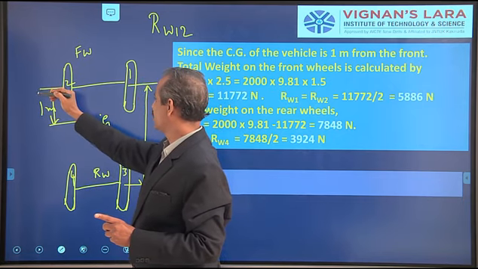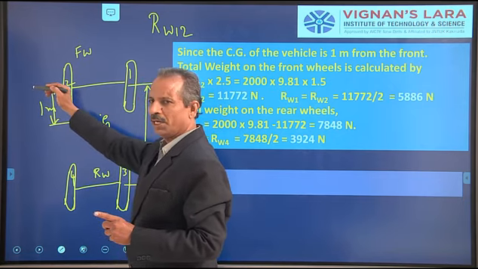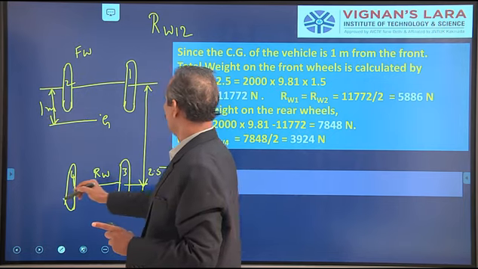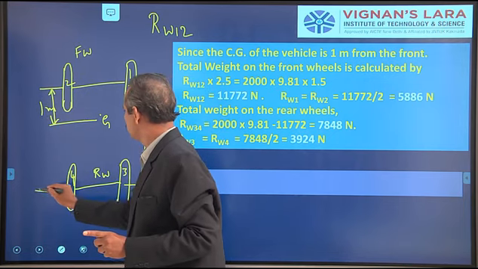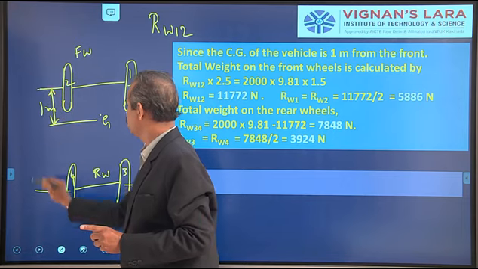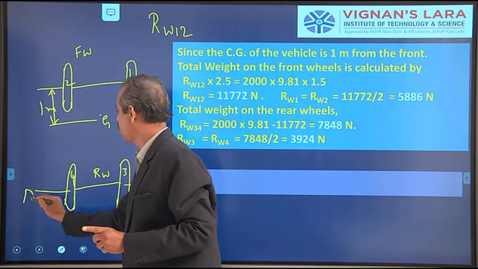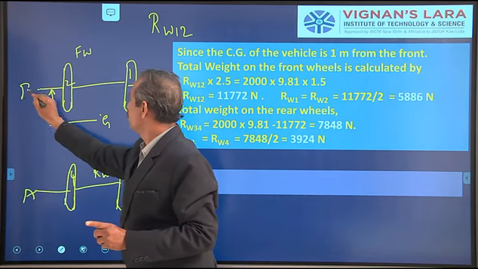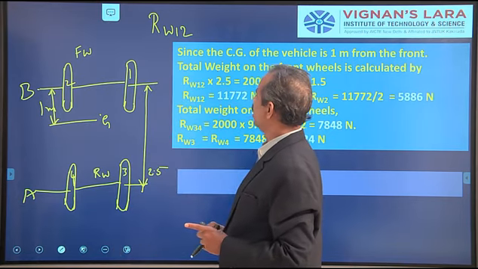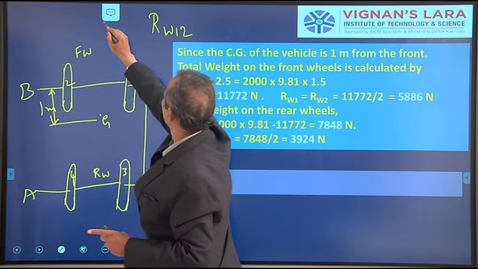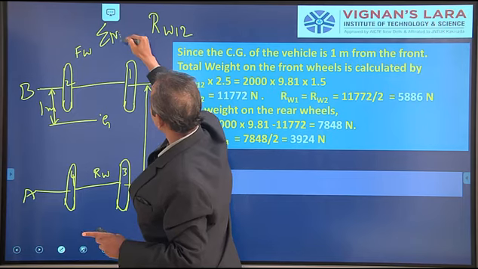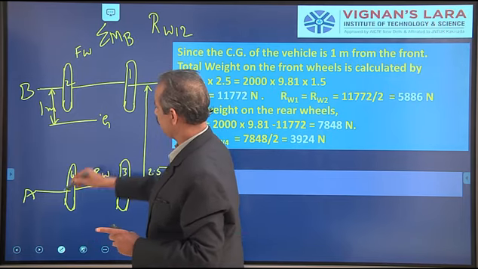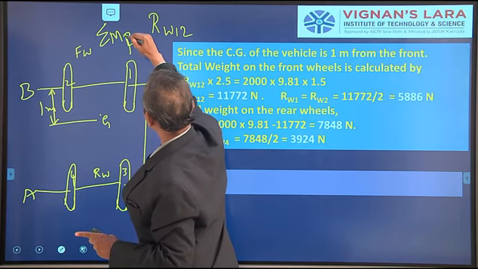If I take moments from this point, say this is one point and this is another point, let me call them point A and point B. Let me take moments at A.